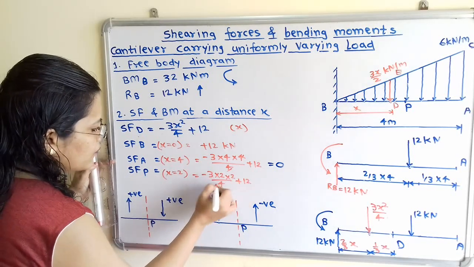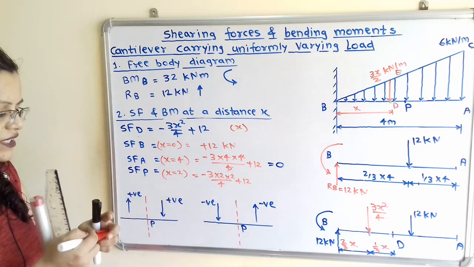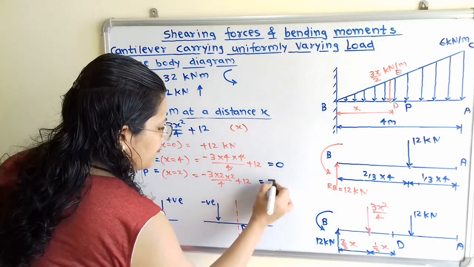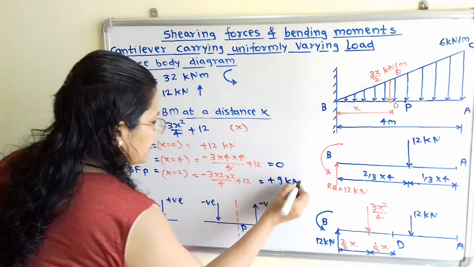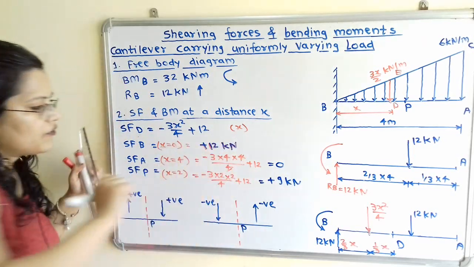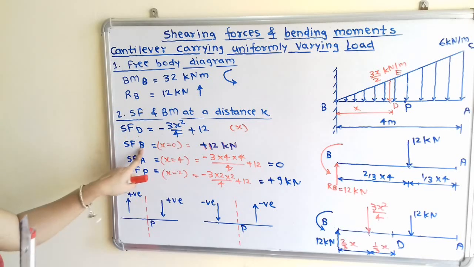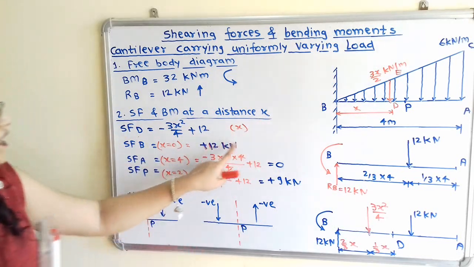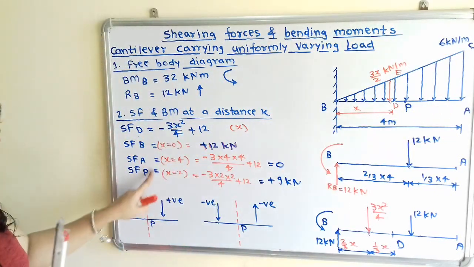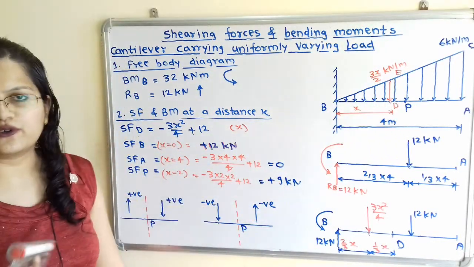So the 4 is getting cancelled. So 12 minus 3, it is equal to plus 9 kilonewton. Now we have to note down these three values: shear force at B is plus 12 kilonewton, shear force at A is 0, and shear force at P, that is at the middle point, is plus 9 kilonewton.